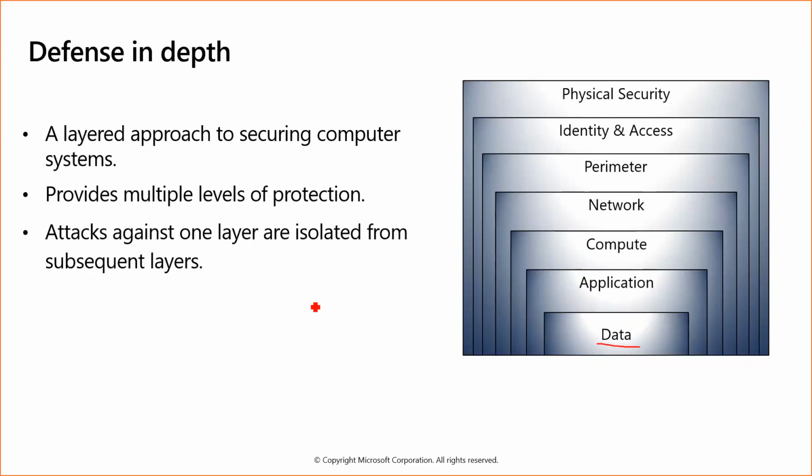So we can achieve network security at the physical level, at identity and access, which comes as IAM, identity and access management, perimeter like physical boundaries, networks, compute resources, applications and data. We can have individual security at these levels.